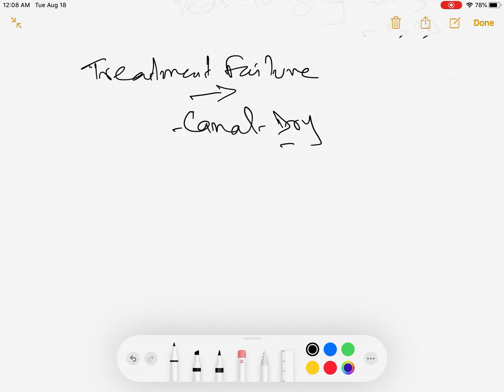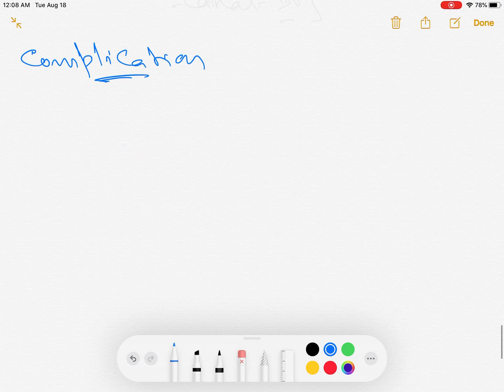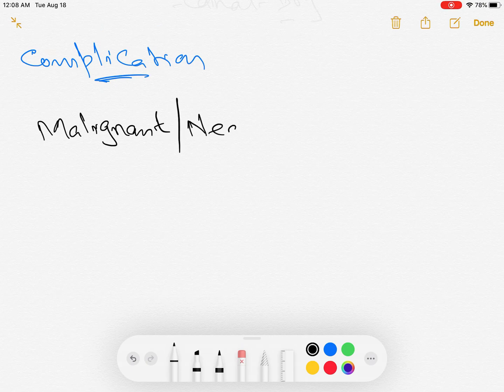Okay, well, last topic is complication. So one of the most important complications that I want to discuss here is something called malignant or necrotizing otitis externa. This is a really bad infection.